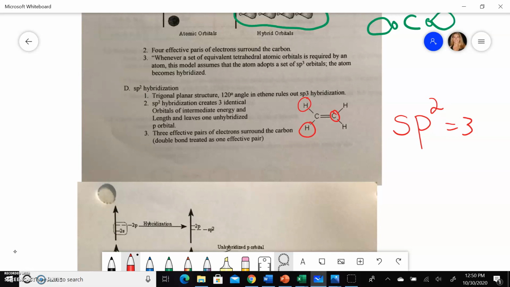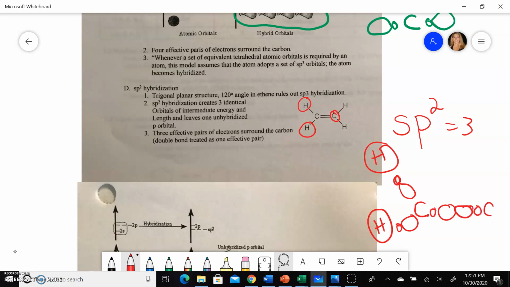So what happens is that the carbon on the left has the sp2 hybridized orbitals, kind of the lopsided things, and then hydrogen has the regular old sphere. This is going to be lopsided and then regular old sphere. And then this carbon is also sp2 hybridized.